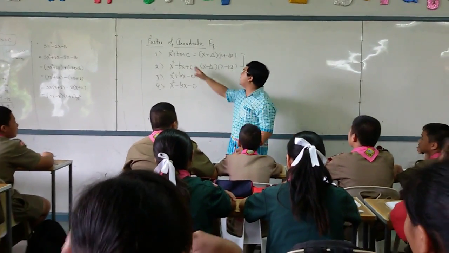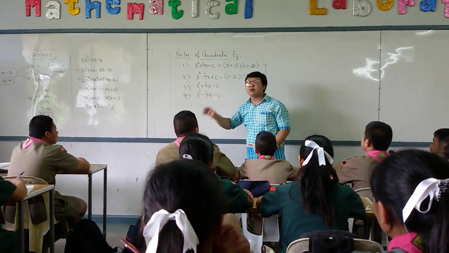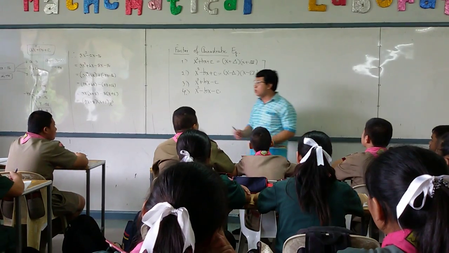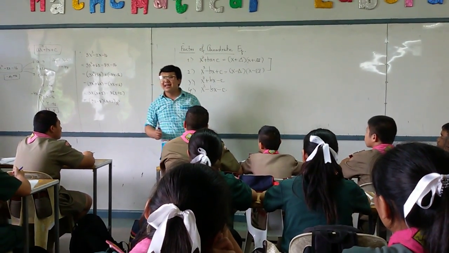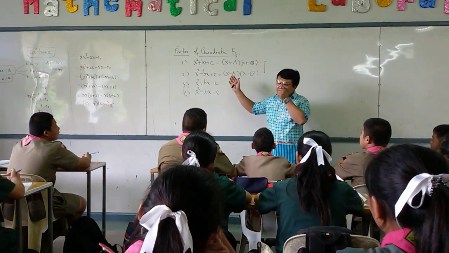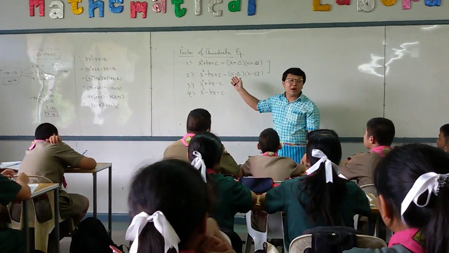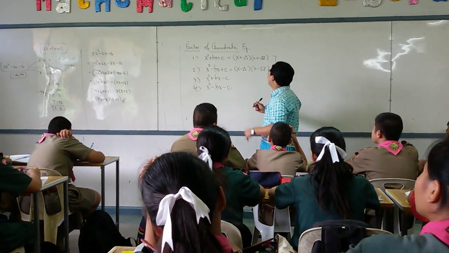If it has the positive coefficient of c, that c is constant. Do you know what constant means? Constant แปลว่าค่าคงที่ ค่าคงที่มีตัวแปรไหมครับ ไม่ Does it have a variable? No, it isn't. Okay, very good.